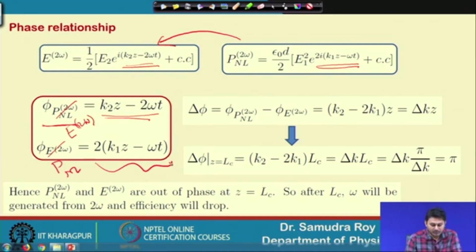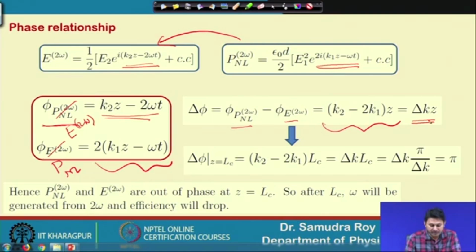So, now if I want to find out what is the difference between these two phases, we will get an interesting result. The difference between these two phases is nothing but this minus this. If you do the difference, then we will have (k2 minus 2 k1) z, which is delta k into z. So, delta k into z is the phase difference between these two.